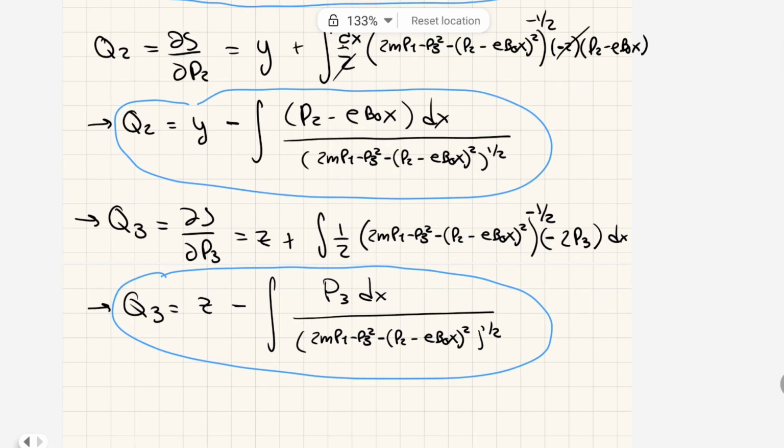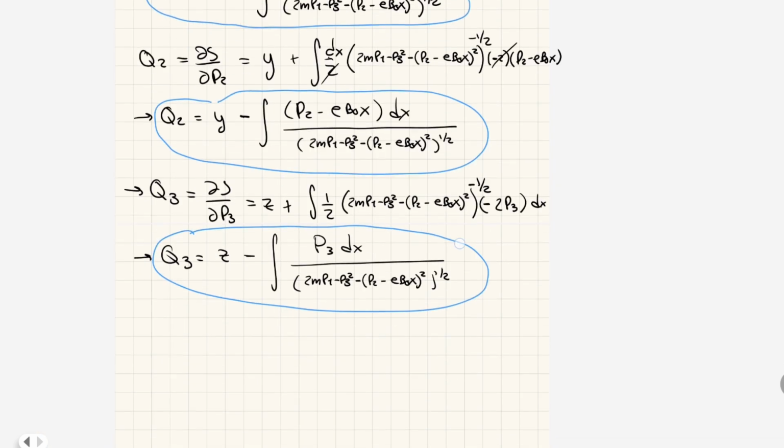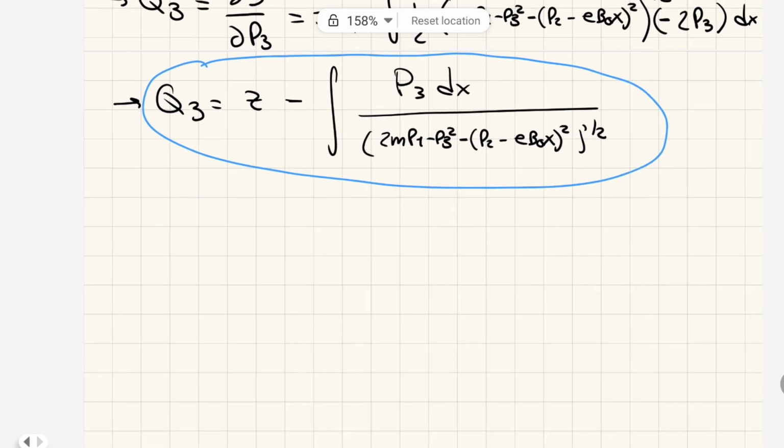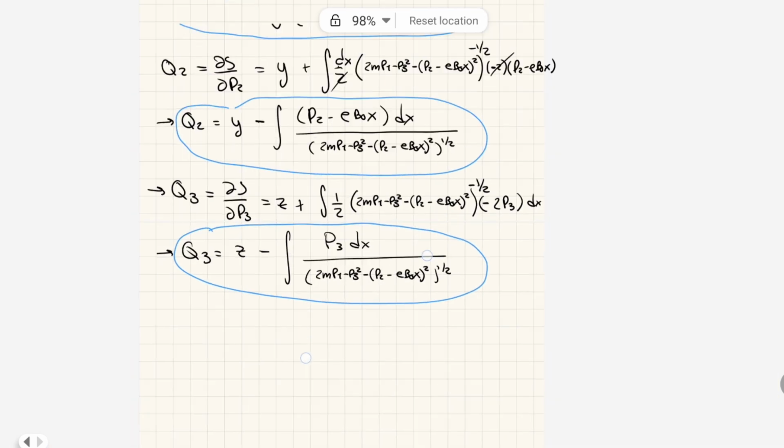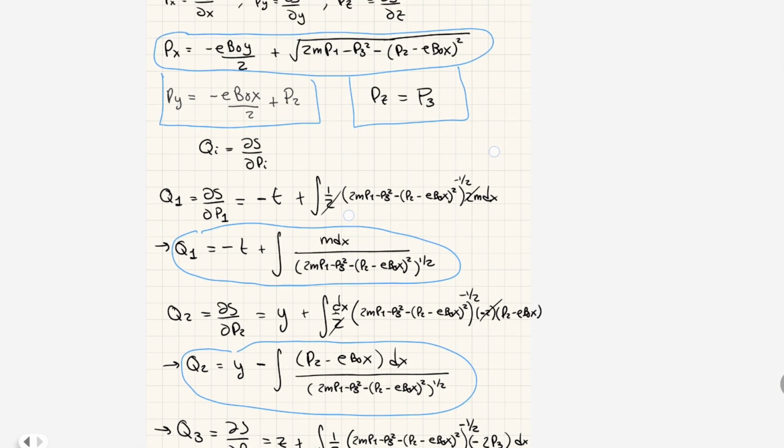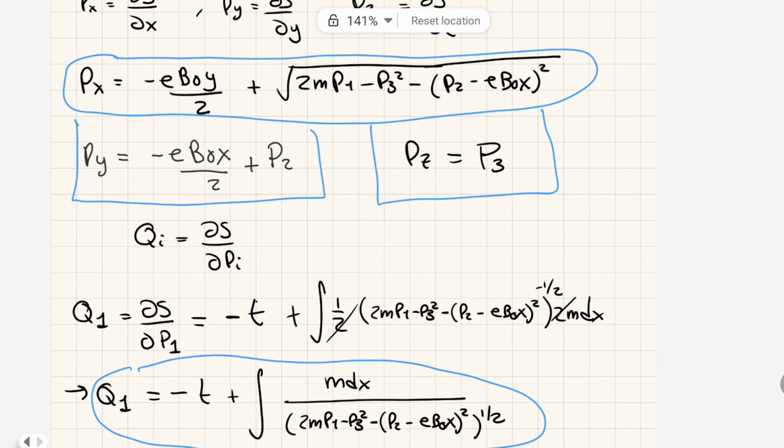So with this, we already have Q1, Q2, and Q3, but we are still left with the P1, P2, and P3. But that is going to be easy because you can see that, well, P3 is already in terms of Pz, so we already have one equation.